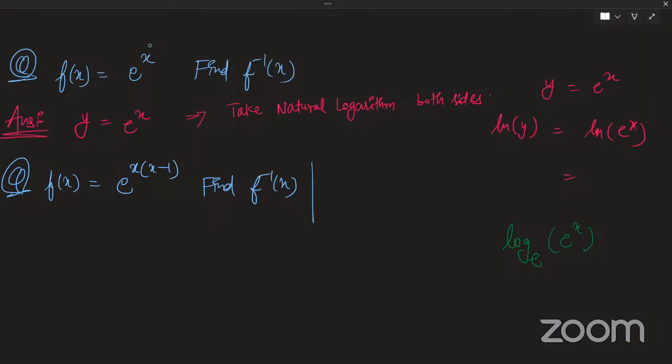So can anyone tell me what will be its value? Log base e of e raised to x. First of all, you should know what this thing means. Logarithm you all know, right? Is there anyone who doesn't know what logarithm is?